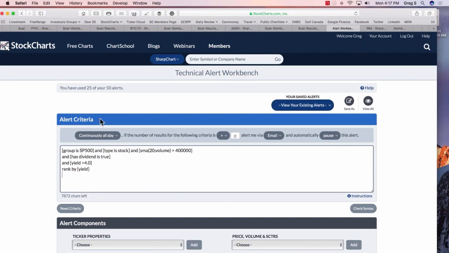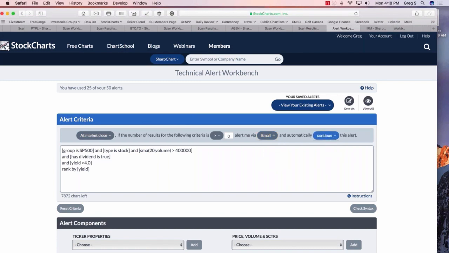The difference is that in an alert, you can say, I want this to do it all day, or I just want it once a day. And if the number of results for the following criteria is greater than whatever, 0, alert me, and either send me an email, a text message, or a pop-up screen on the workbench. So it's literally going to come up as a frame right on your page, and then pause it. Well, we don't want to pause it.